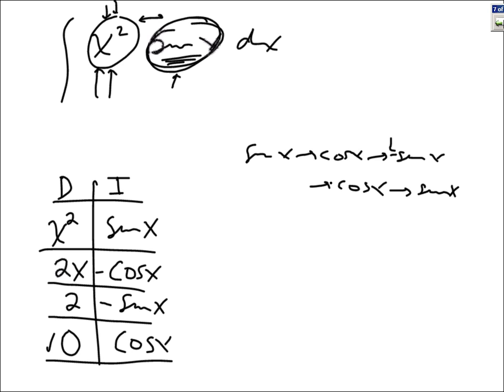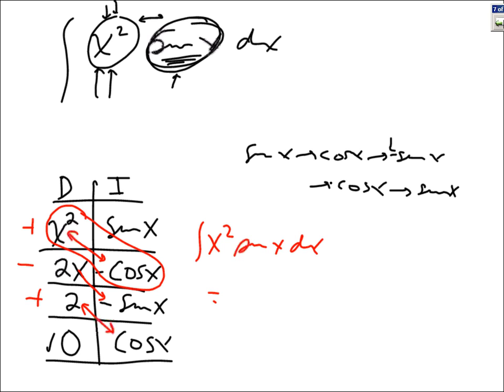Okay? Now, the answer is going to be positive this product minus this product plus that product, and that's it. That is, this integral x squared sine x dx is equal to this product, which happens to be negative, minus this product.